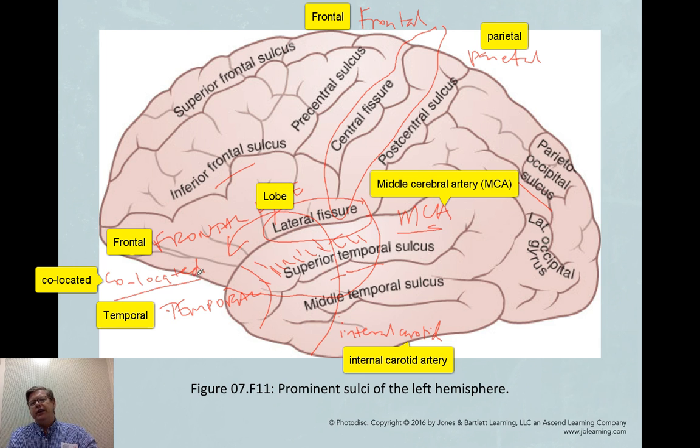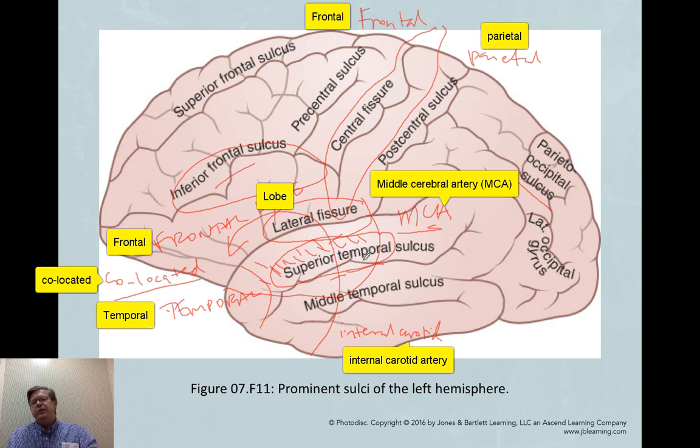This co-location by virtue of the arteries means that when we get a stroke in the middle cerebral artery territory, in other words a blockage to the middle cerebral artery blood supply, we lose both function in the superior temporal region, the superior temporal gyrus, and also in the inferior frontal lobe.